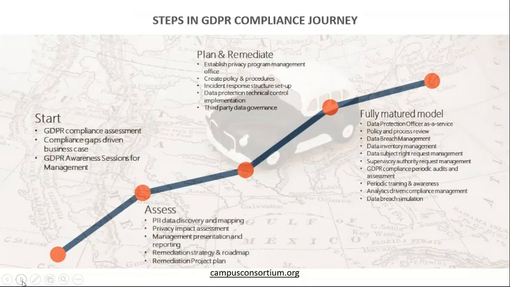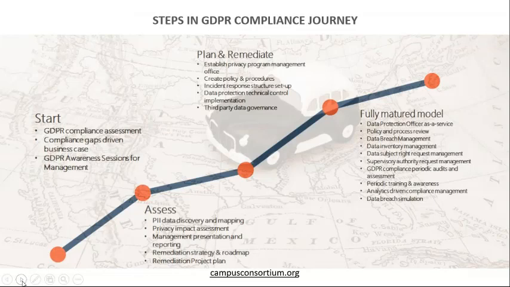Once the remediation plan is done, then it moves on to the fully mature model, wherein we should have a data protection officer and a defined set of policies and processes which will be reviewed in a timely manner.